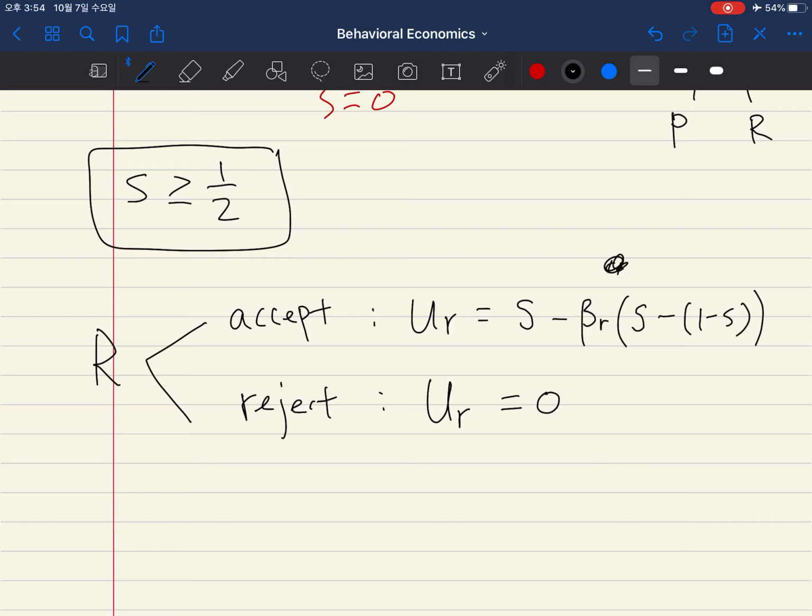So we know that this utility is bigger than 0. How do we know that?